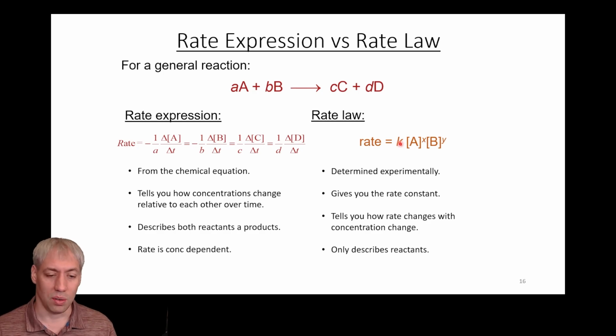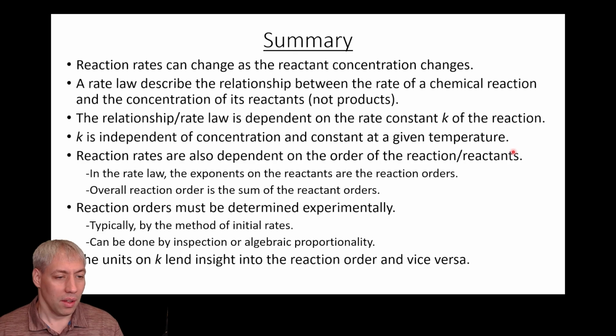The rate constant is always constant, and it tells you the relationship between rate and concentration. And unlike rate expression, this is only expressed in terms of reactants. Again, this tells you how these variables change relative to each other based on stoichiometry. This one gives you an intrinsic descriptor, which is the rate constant, and it tells you the proportionality between rate and concentration. So yeah, there's our summary.